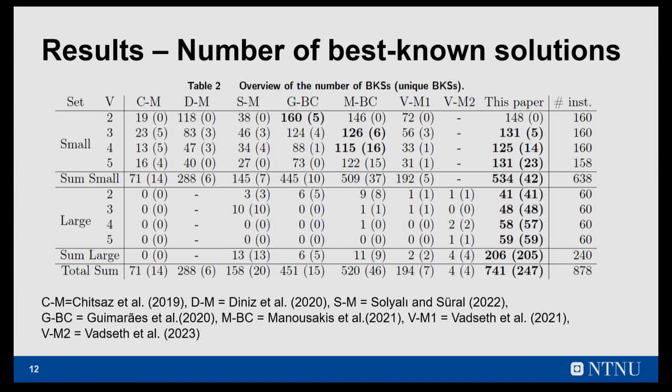We see that our method performs pretty well. We have a total of 741 best-known solutions and 247 uniquely best-known solutions out of the benchmark instances. And I think the only exception is the small set of instances with 2 vehicles where we are slightly worse than the branch and cut of Guimarães et al.